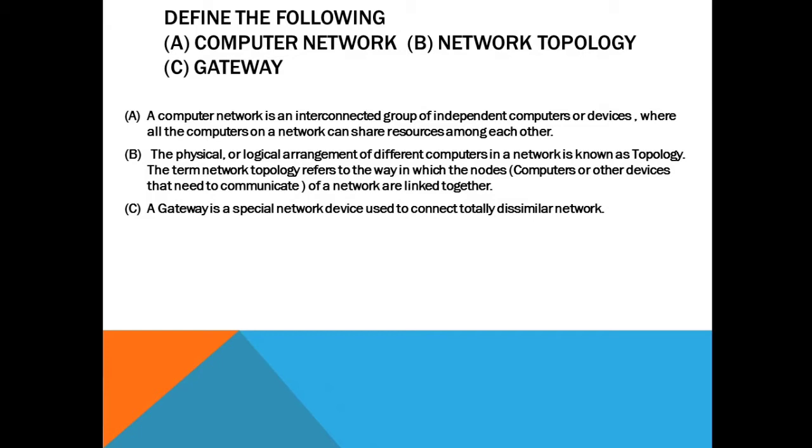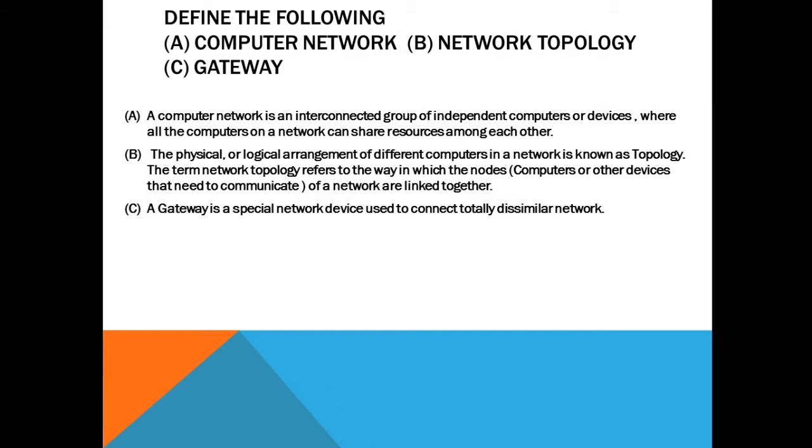And what is network topology? Network topology defines the physical and logical arrangement of different computers in a network. The term network topology refers to the way in which the nodes, computers or other devices that need to communicate in a network are linked together.